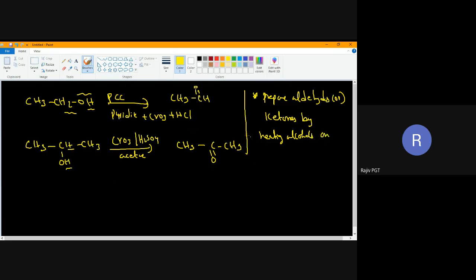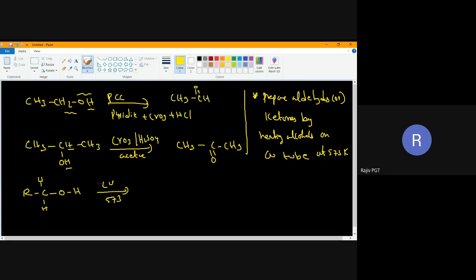On red hot copper tube, we can write Cu, heating at 573 K. At 573 Kelvin, let us see this one. Let me take R CH2OH with Cu at 573 K.